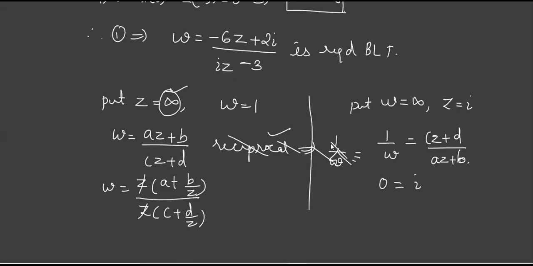This is iC plus D divided by iA plus B. So luckily this will go to 0 and you will get the relation between D and C. So even this same general method can be used if any of the points is given as infinity also. Is the part clear?